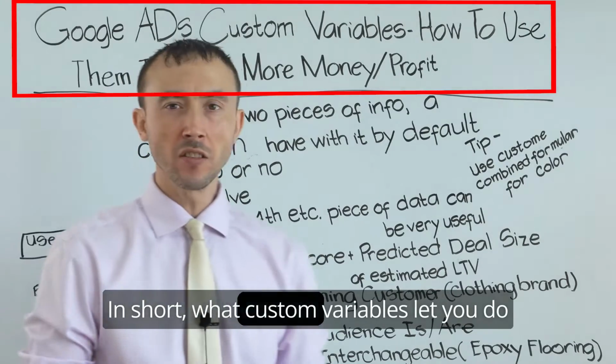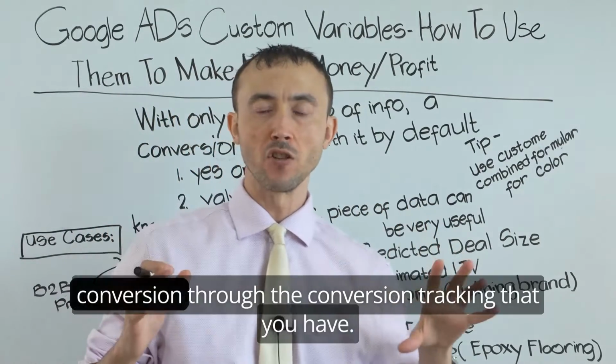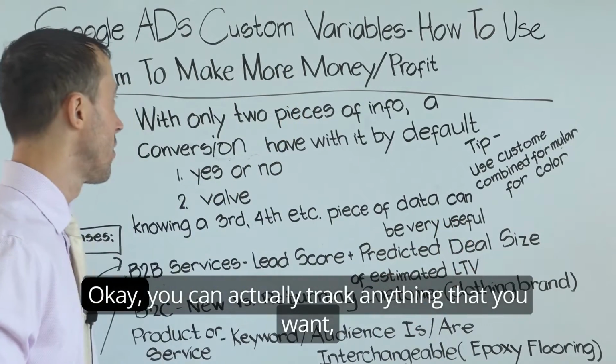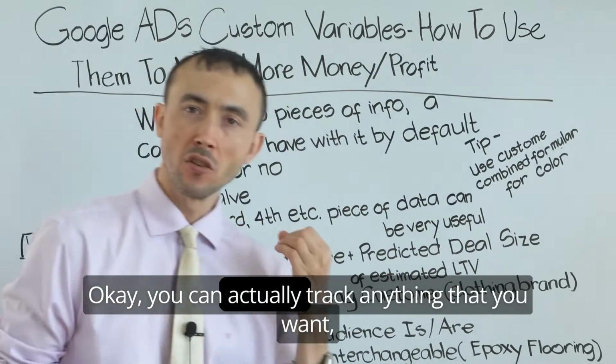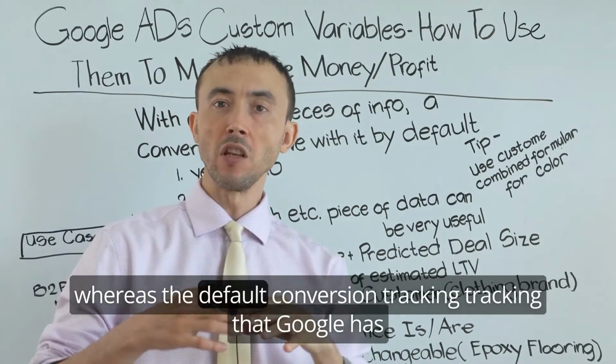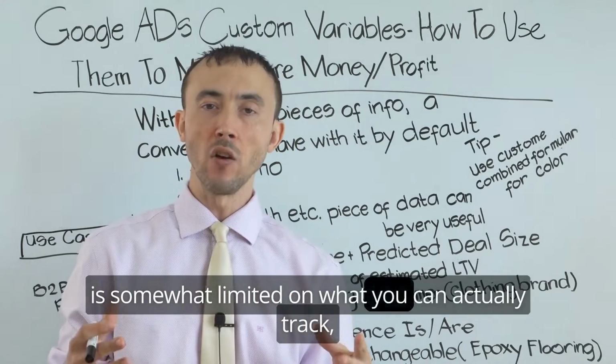In short, what custom variables let you do inside Google Ads is, if you have a conversion through the conversion tracking that you have, you can actually track anything that you want, whereas the default conversion tracking that Google has is somewhat limited on what you can actually track.